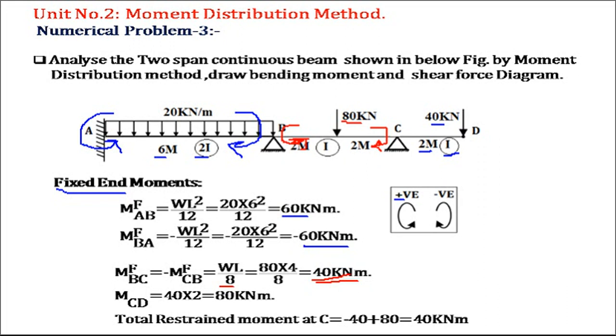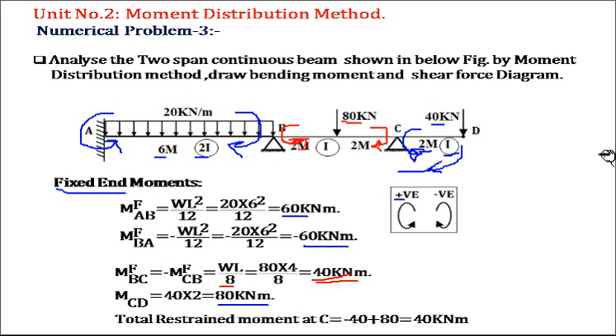Now in CD, the reaction due to this 40 kN will be here. The fixed moment in member CD will be in anti-clockwise direction, so here it is plus, and the moment is force multiplied by distance. So 40 into 2 is 80 kN meter.